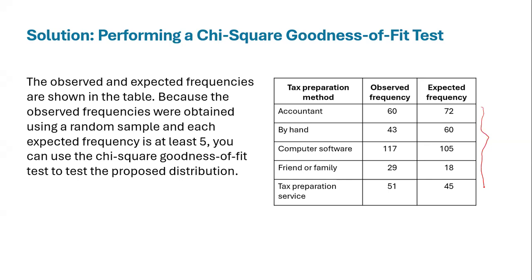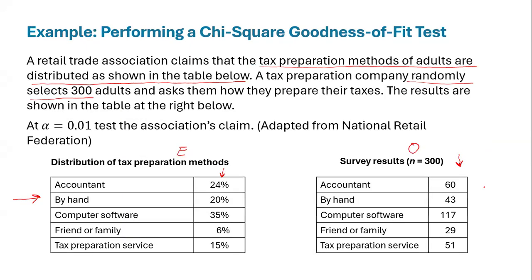this distribution. After checking the requirements, I need to write the null and alternative hypotheses. Since writing them depends on the claim, and the claim says that the tax preparation methods are distributed as in this table, you can write all the information from the table as your null hypothesis, or you can say that the observed frequency fits the expected frequency.